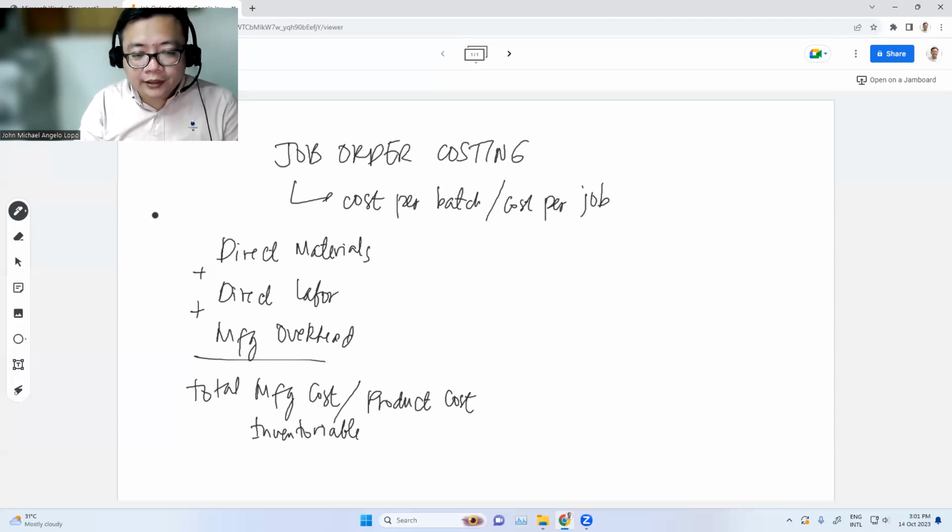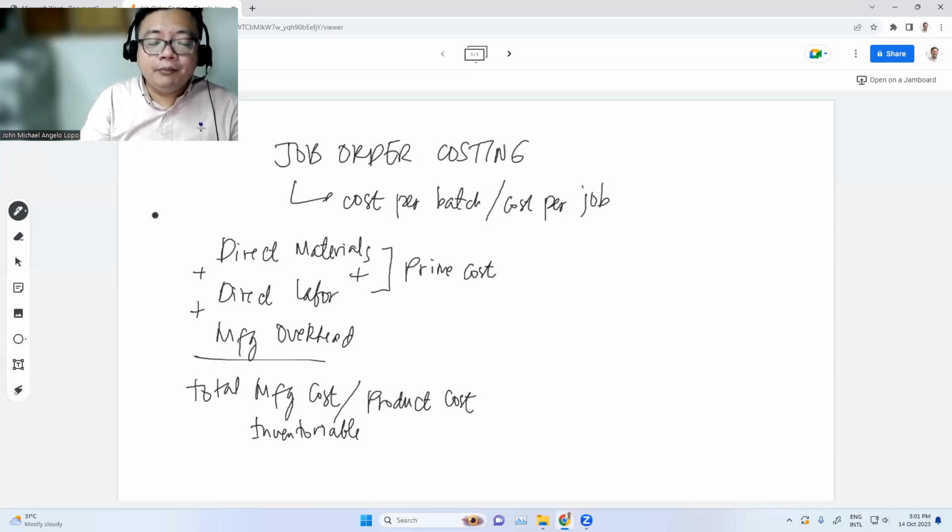If you add direct materials plus direct labor, ang tawag dito class ay prime cost. Ibig sabihin, majority of your cost is your direct materials and your direct labor. And at the same time, your manufacturing overhead, ang tawag naman dito class ay conversion cost.